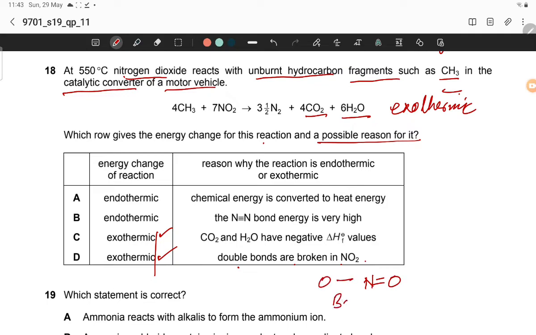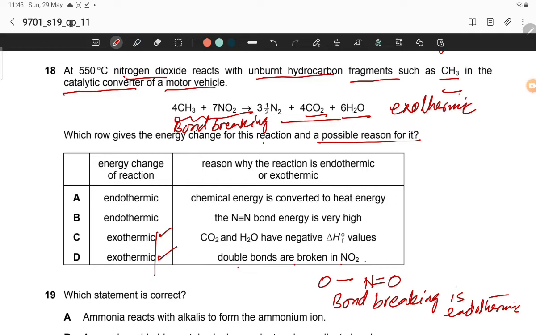This is bond breaking, and bond breaking is endothermic. So this side is bond breaking and this side is bond forming.